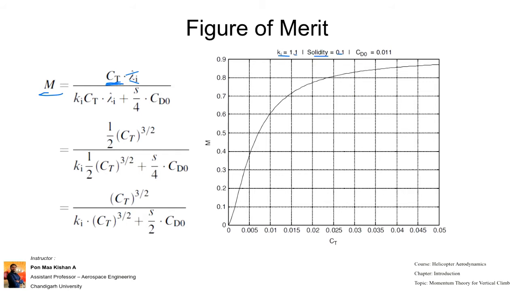That is taken with respect to chord by span, and the profile drag is given as 0.011. With these factors, if we vary the coefficient of thrust and calculate the figure of merit, which is nothing but efficiency, then the rotor efficiency will be good. It may reach a maximum of 0.85.